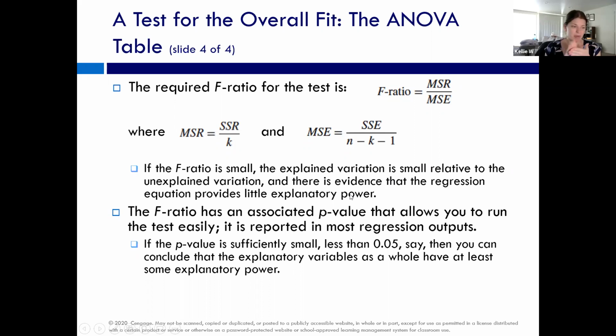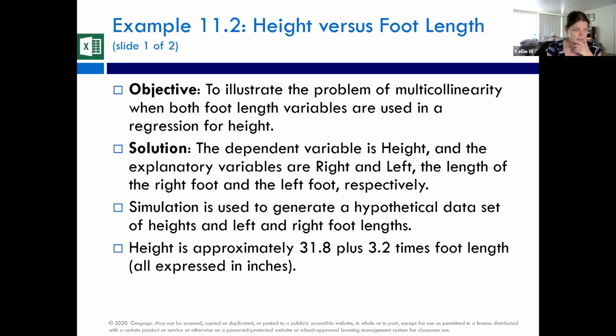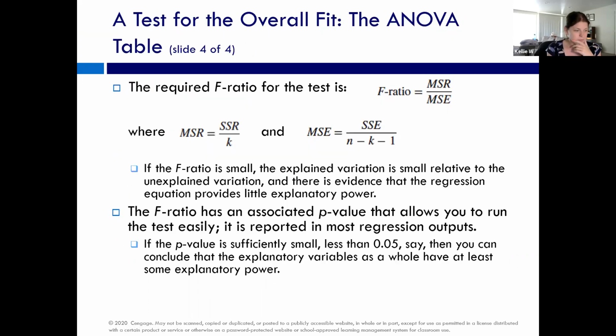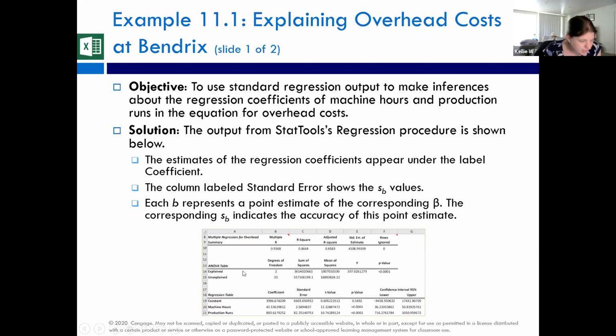The F ratio that you get from the output has an associated p-value that tells you whether or not the equation as a whole is also valuable. So if we go back to this regression output, which I'm sorry, it's so small.